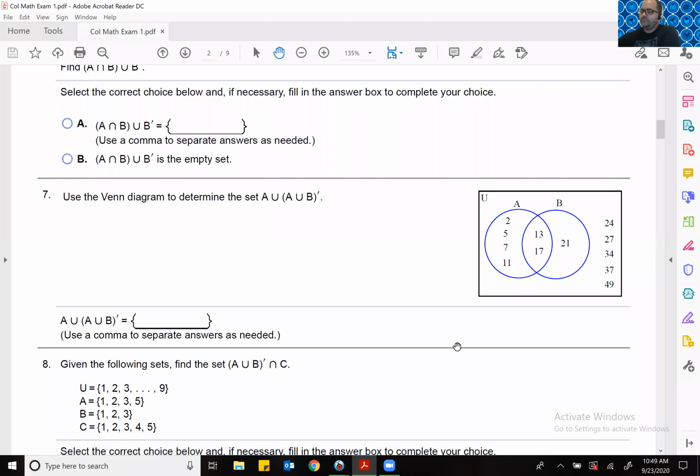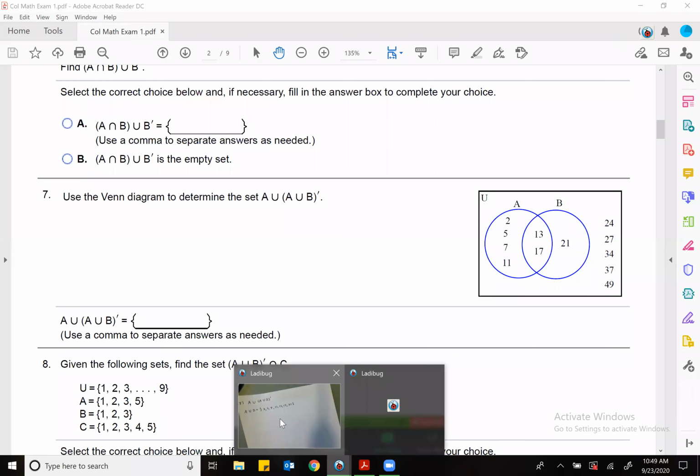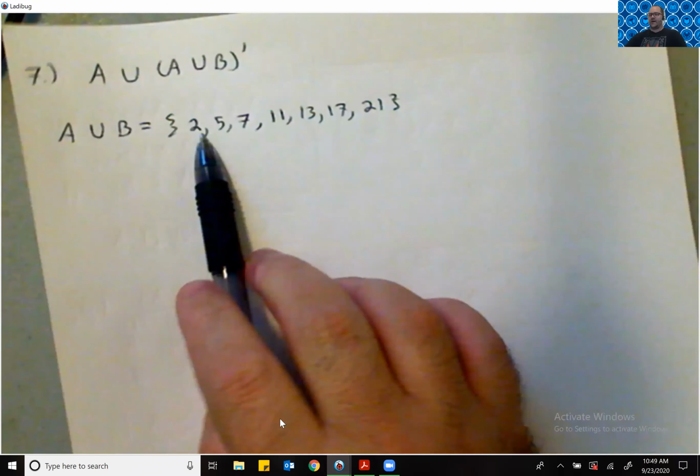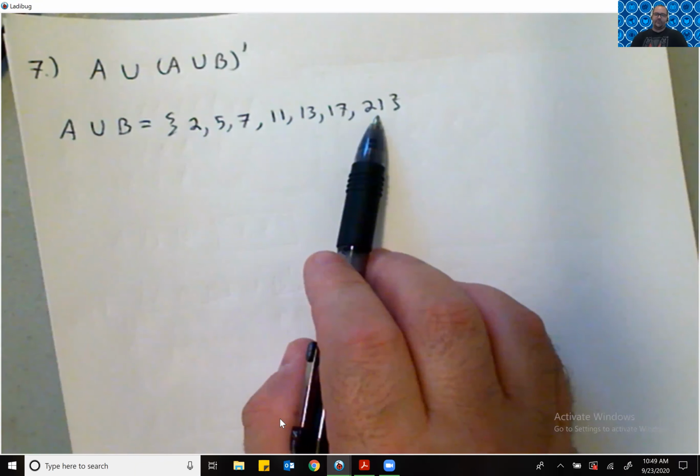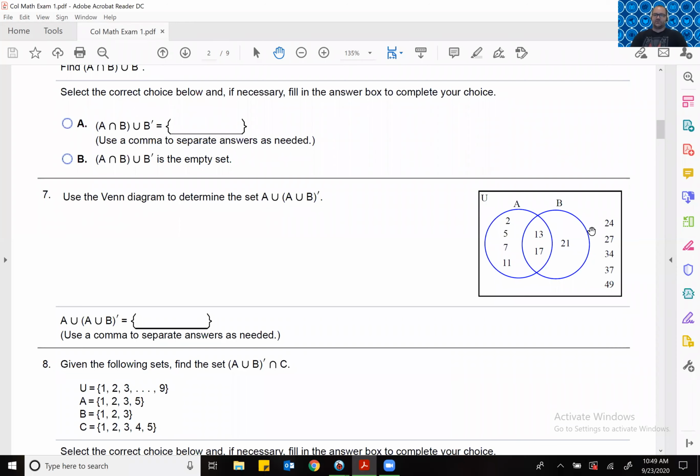You got it. So the union of A and B was 2, 5, 7, 11, 13, 17, 21. That was everybody that was in those two circles. All right. So we've done the parentheses. Now we work on the outside. So outside, do I have a complement?